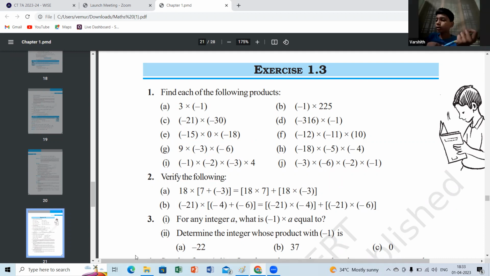Ma'am, it's positive 1320, I think. Very good. It's positive 1320. Absolutely correct. And go with G bit.